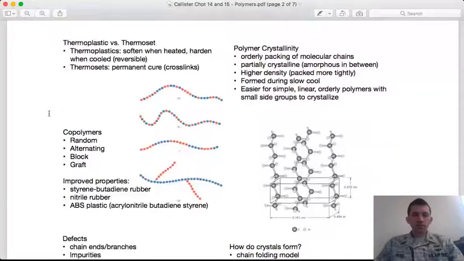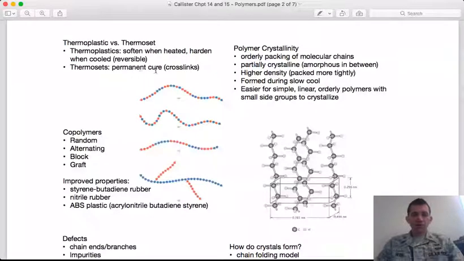I just talked about this on the previous page. You have thermoplastic versus thermoset. The cross-linking is the key there, but from a processing standpoint, the big difference is that thermoplastics soften when heated and harden when cooled. This is a reversible reaction. So I can soften and reform a thermoplastic polymer potentially indefinitely, but a thermoset is made via a chemical reaction.